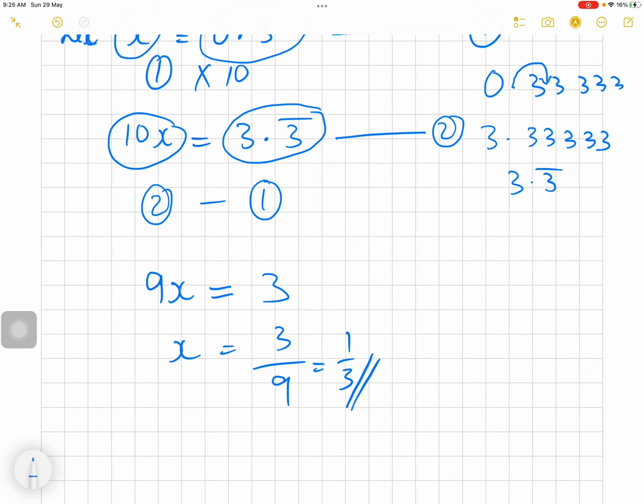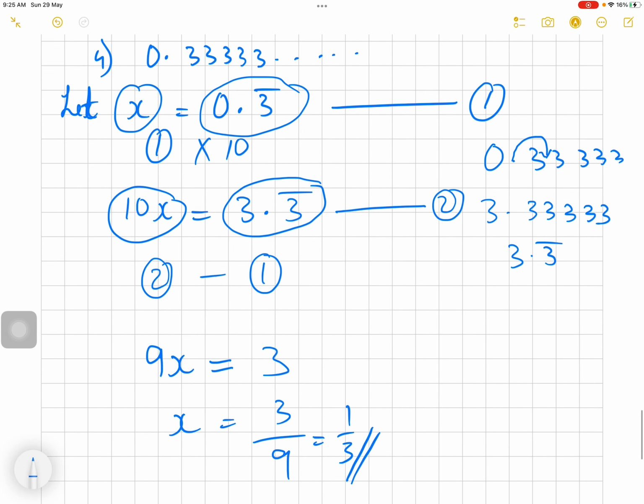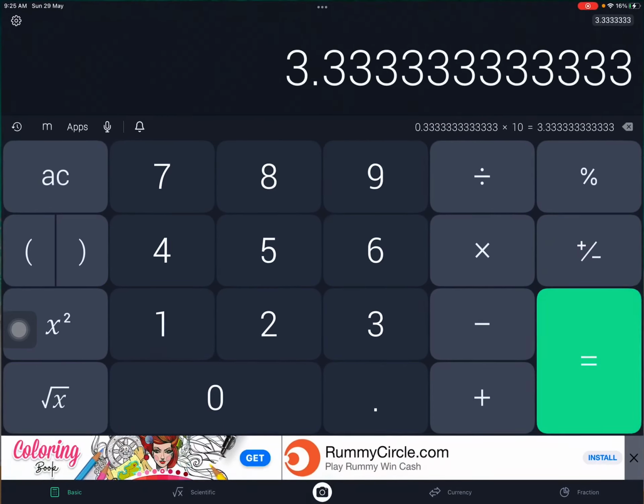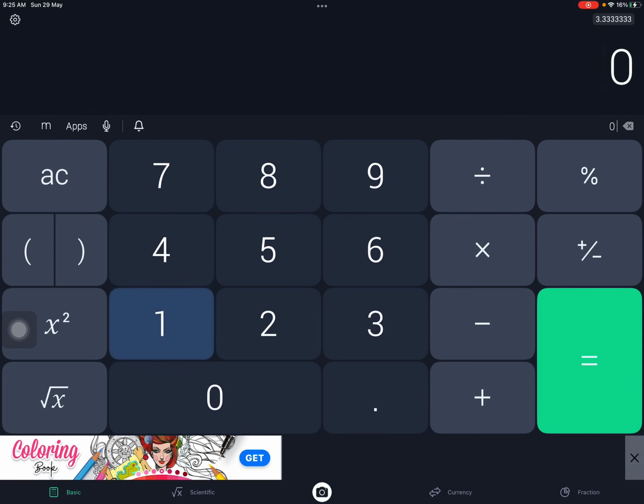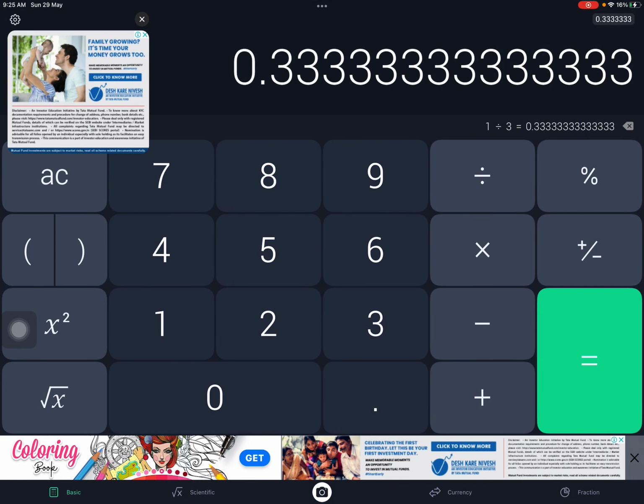So 0.33333333 can be written as 1 by 3. If you want, you can just check. 1 divided by 3 is equal to 0.3333 and so on.